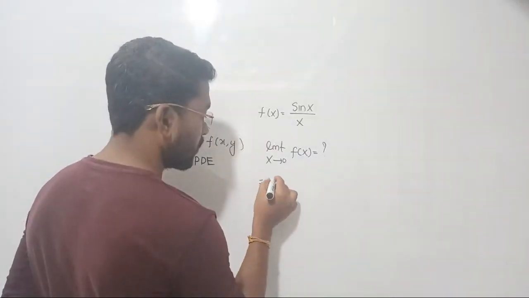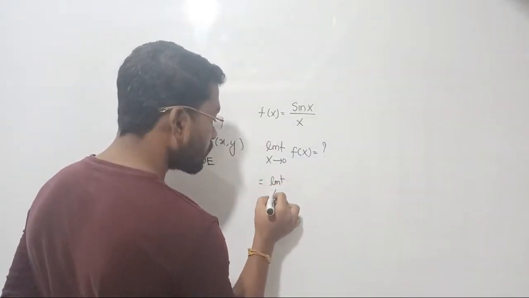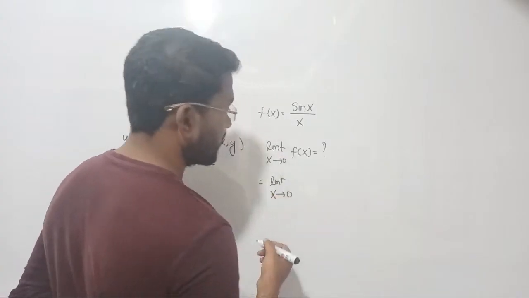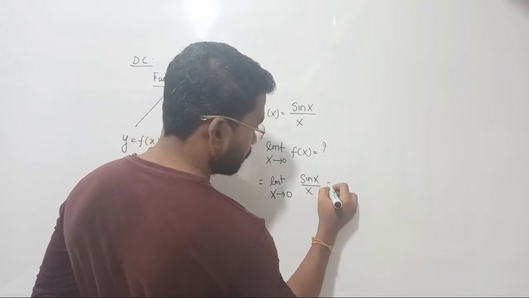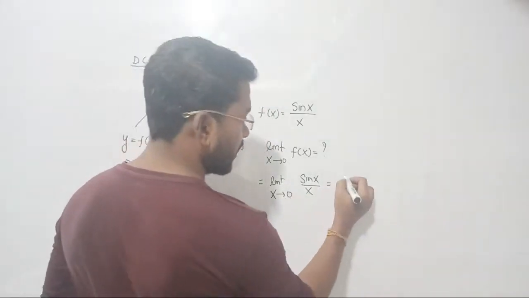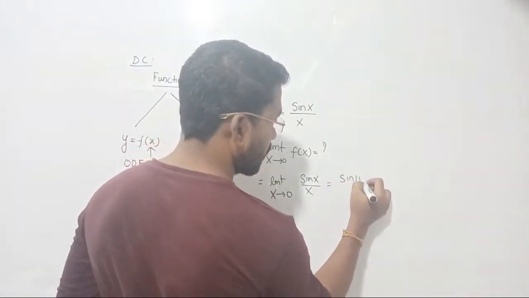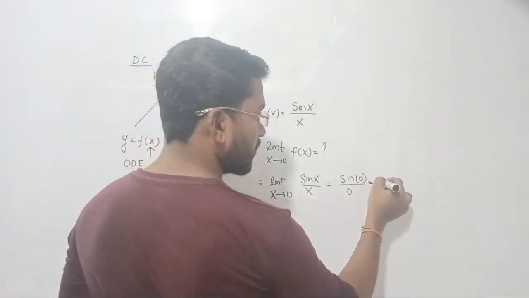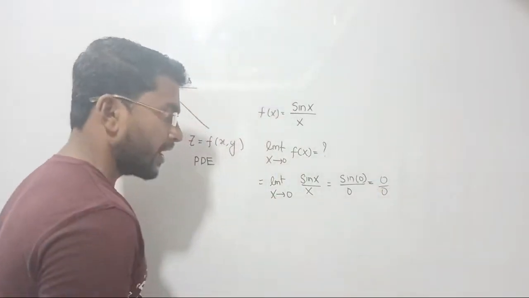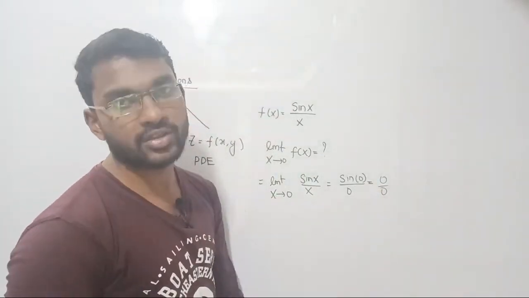Let's see what happened. Limit x approaching 0, f of x can be replaced by sin x upon x. If I replace x by 0, it becomes sin 0 upon 0. Sin 0 is 0 only, so 0 by 0. Can anyone tell me the value of 0 by 0?